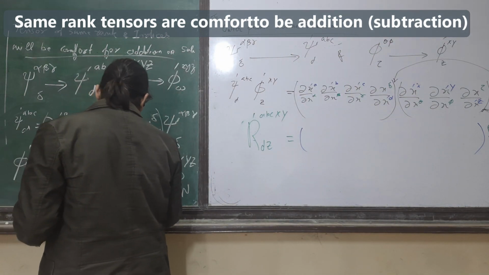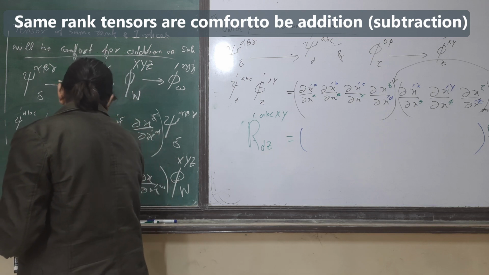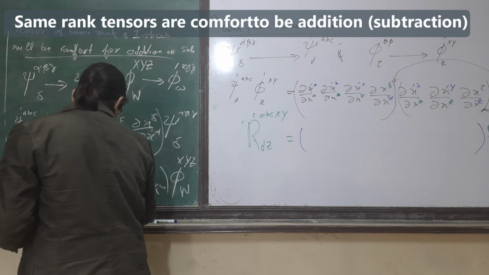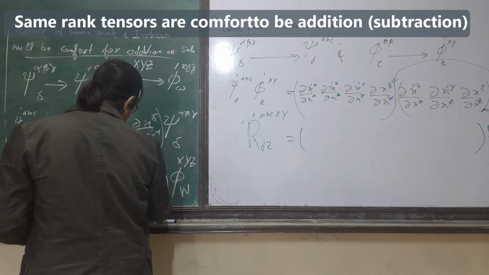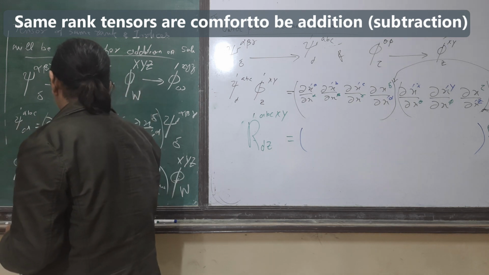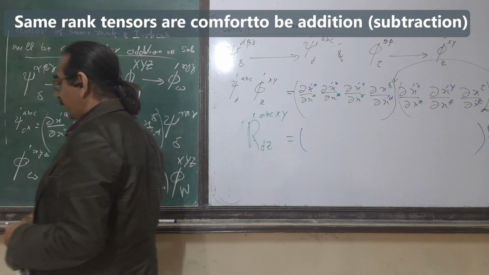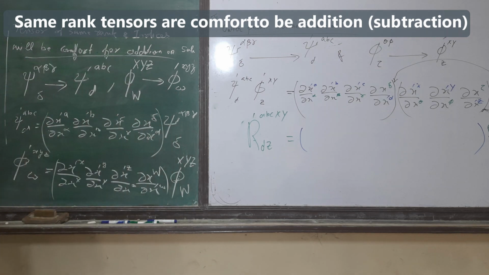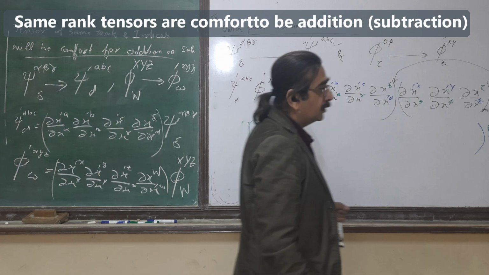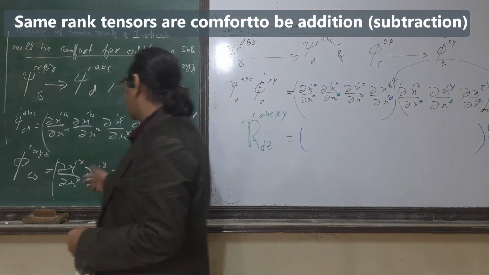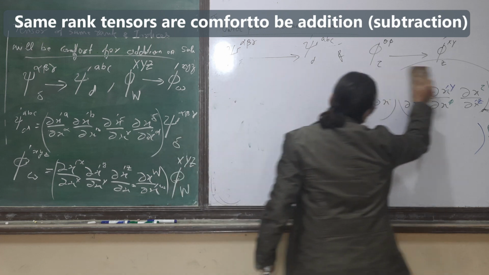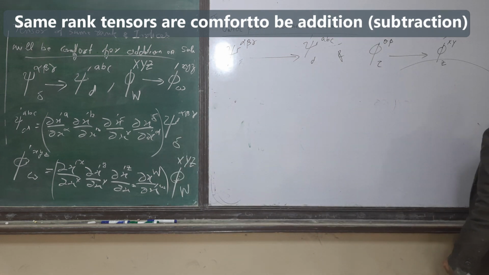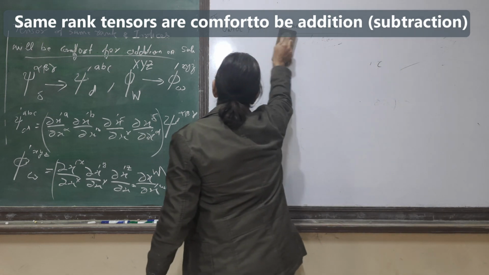And capital X, capital Y, capital Z. So these are different. Now we will check: is it possible to add these? Are these two different transformations suitable to add or not?